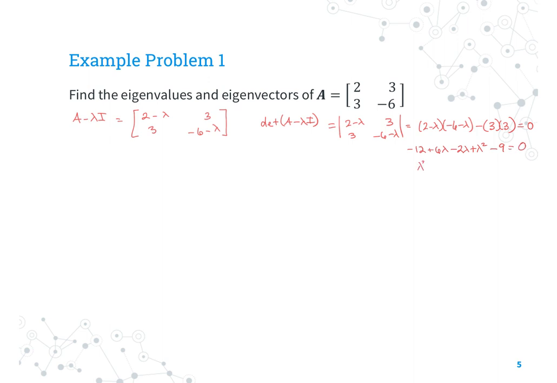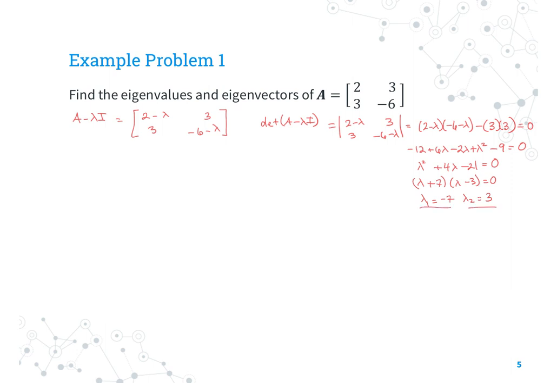So we have lambda squared plus 4 lambda minus 21. Multiplies to give me 21, subtracts to give me 4 would be 7 and 3. So we'd have (lambda plus 7) times (lambda minus 3) equals 0. So lambda 1 equals negative 7, and lambda 2 equals positive 3.